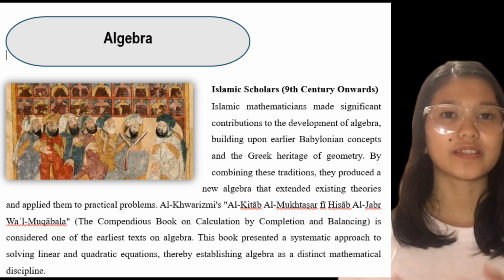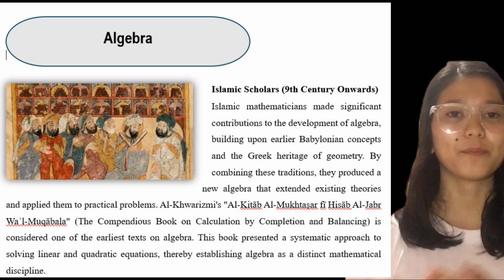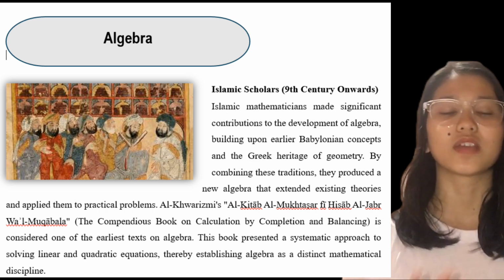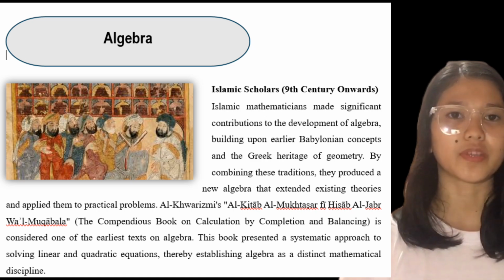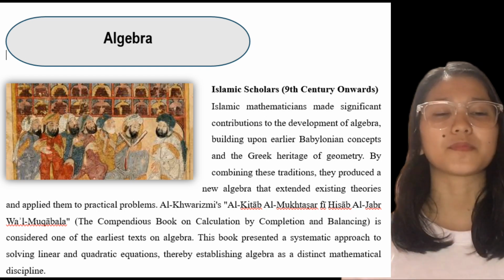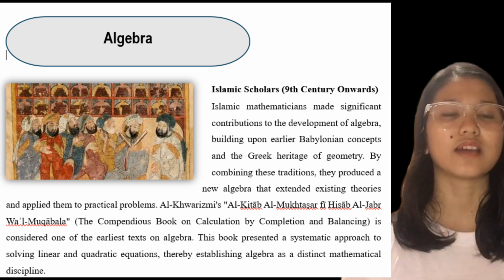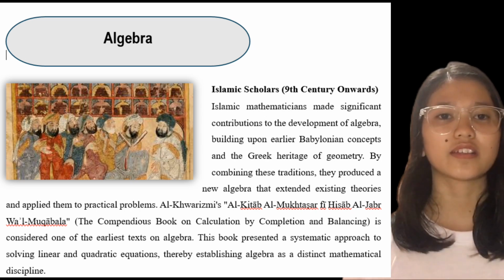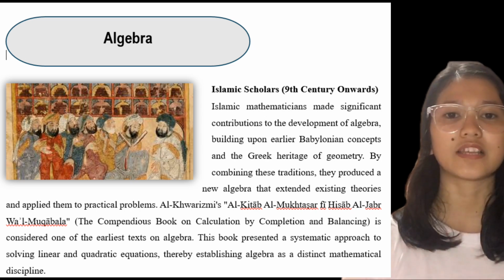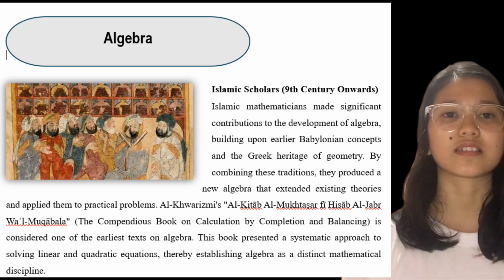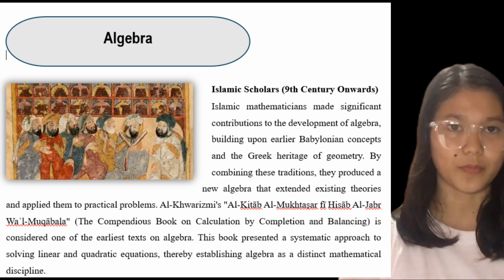So the algebra in the Islamic mathematics is a combination of Babylonian concepts and the Greek heritage of geometry. The Babylonian concept is used in land measurement and architecture, while the Greek heritage of geometry is more logical and formal, which emphasizes axioms and theorems, or the formal discipline of geometry.